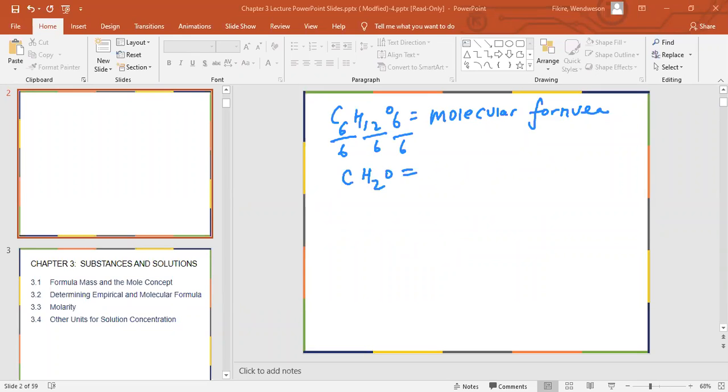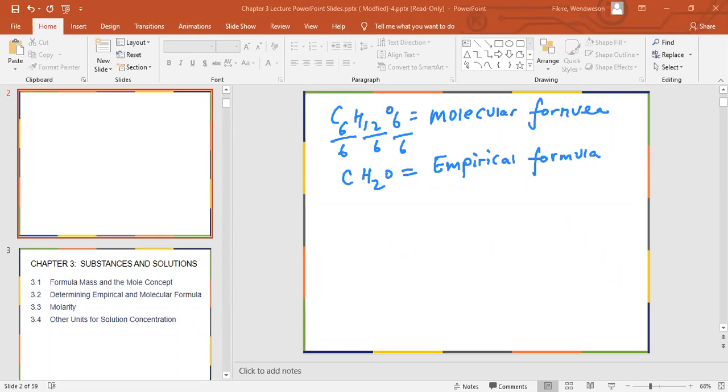That's the lowest whole number ratio, and that's called the empirical formula. The empirical formula always tells me the lowest whole number ratio, whereas the molecular formula tells me the exact, actual number of atoms in a molecule. So that's the difference between empirical and molecular formula.